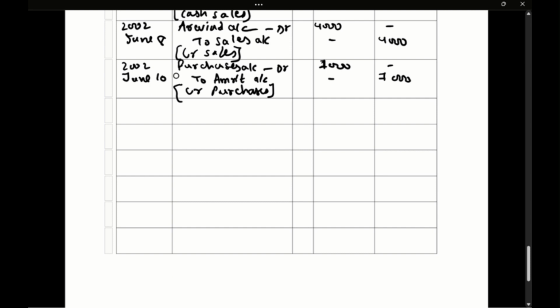So next entry we have goods returned to Amrit. So we are returning goods. It means a purchase return. The previous entry will be reversed. The date is 12th June.